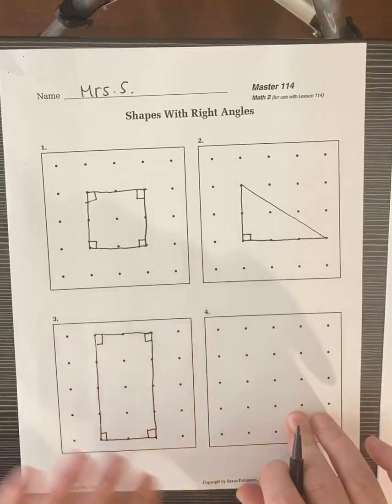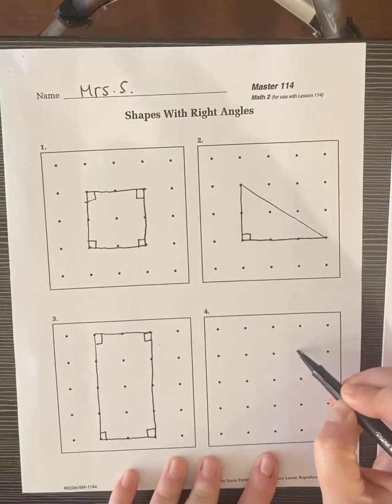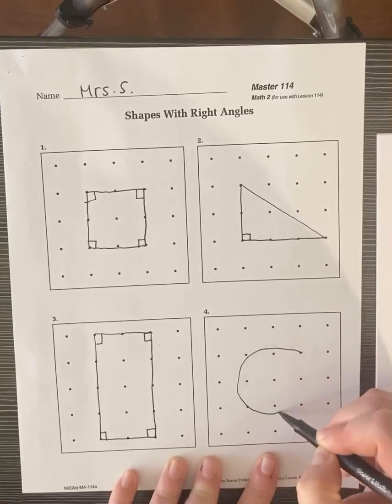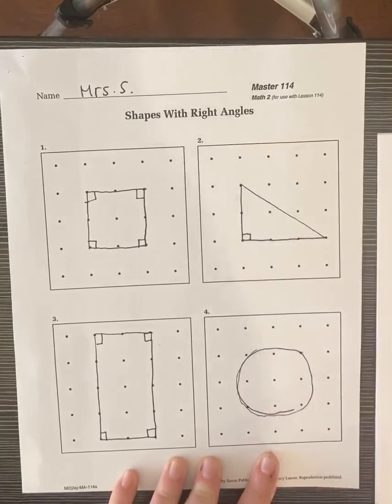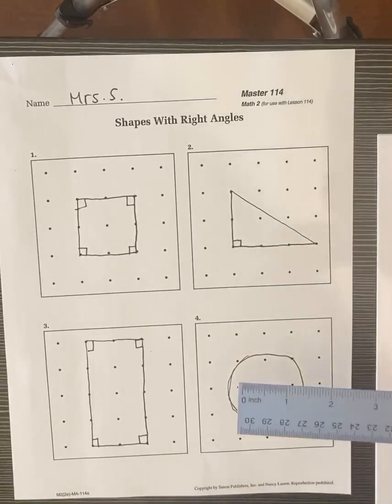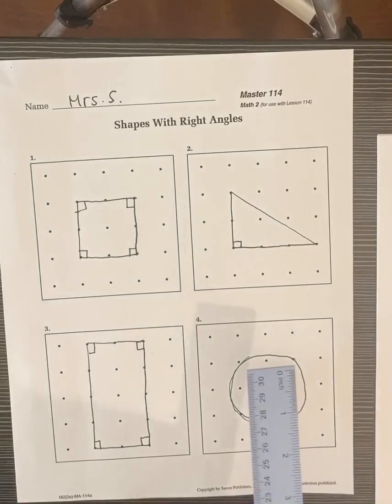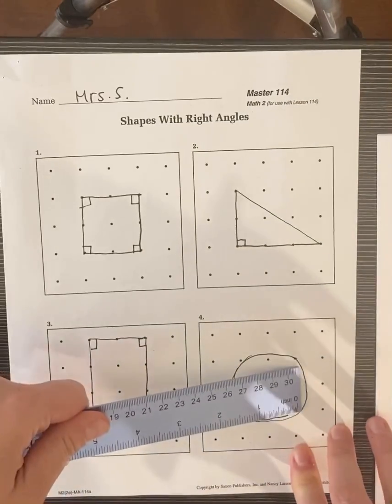Now my last shape, we're going to draw a circle, and I'm going to try to do it in the middle right here. Oh, that's not a very nice circle. There we go. So there's my circle. Let's go ahead and try my ruler trick. Are there any corners to match up in a circle?